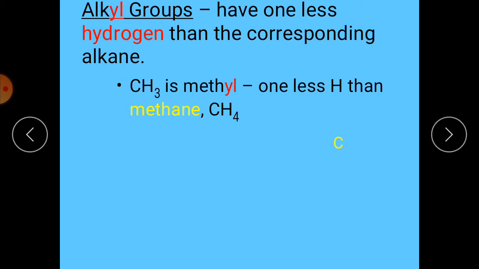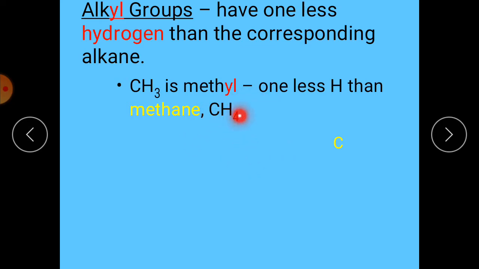What did I tell you? What was the SLO? Our SLO is, we have to find out the alkyl groups from alkanes by removal of hydrogen, and the number of carbon atoms is 1 to 5. Alkyl groups have one less hydrogen than the corresponding alkane.